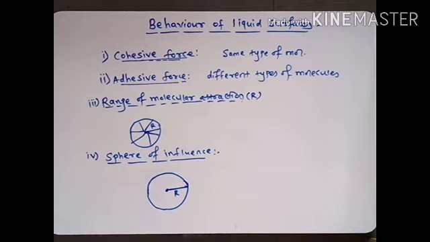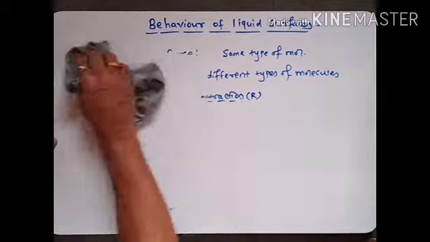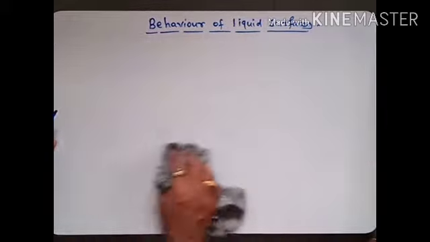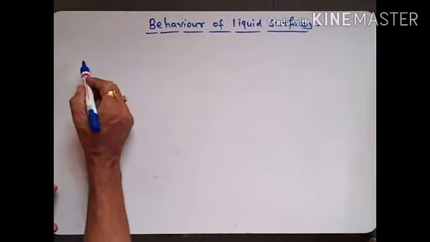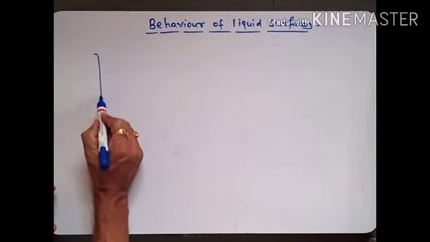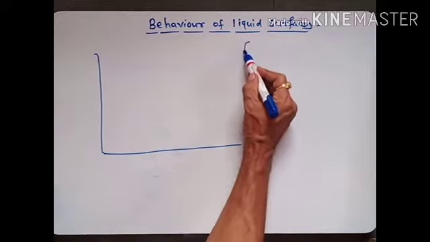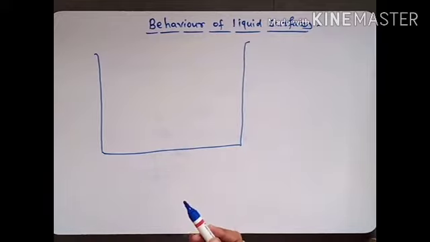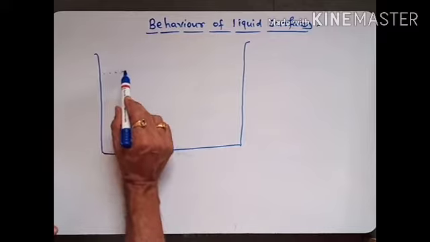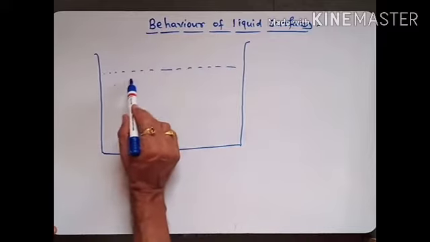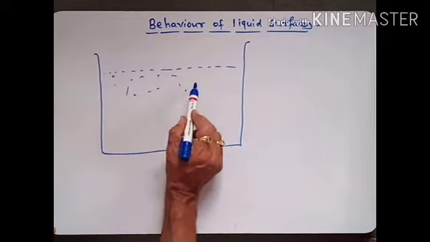Now we have to see the behavior of the liquid surface. For that, suppose I consider another diagram. Suppose this is the container, and in this container a liquid is placed. Suppose this is the liquid surface, and all these are the liquid molecules.